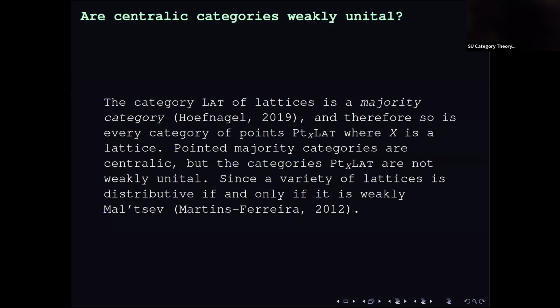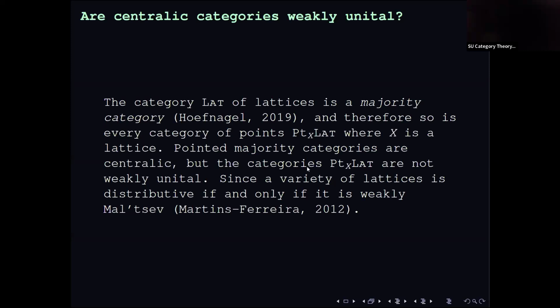The category of lattices has a specific condition, called the majority category condition, which implies that every category of points is centralic. It satisfies the condition which I've already mentioned.